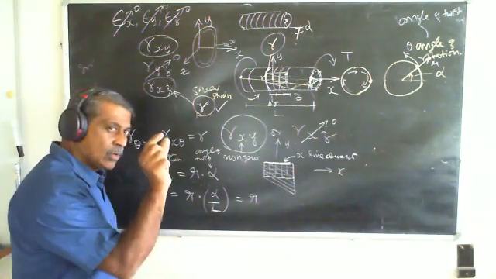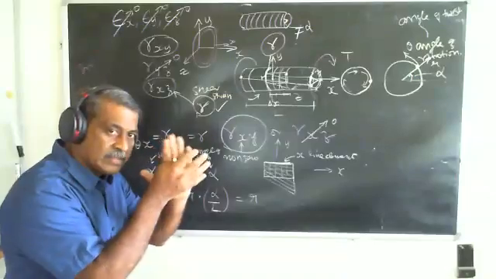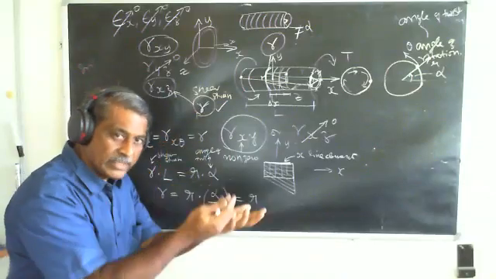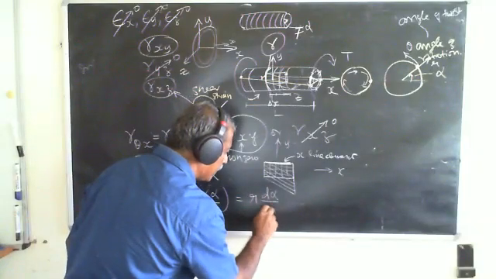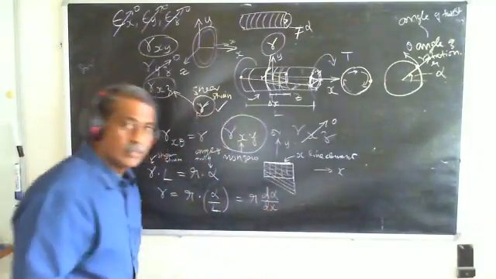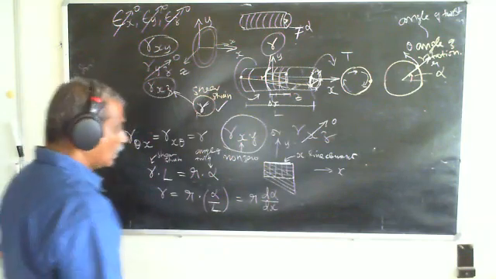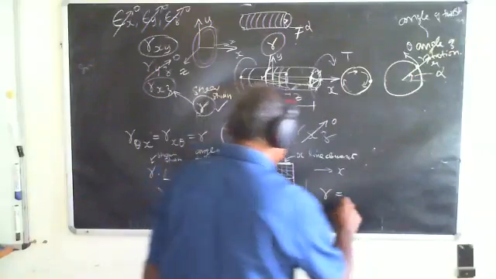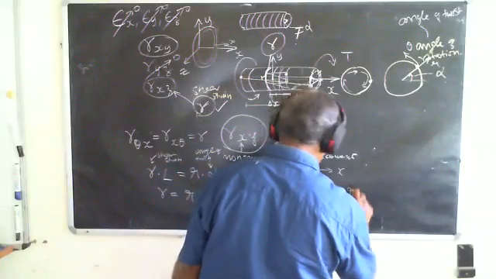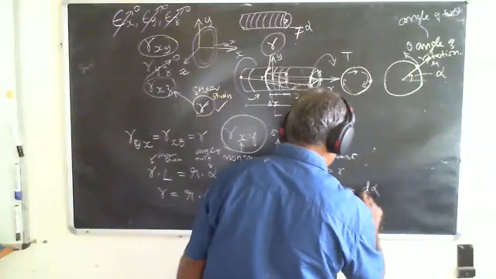For that small size the amount of twist will be very small, right? So what I'm looking at is d alpha by dx. So one relationship that I got is gamma is equal to R times d alpha by dx.